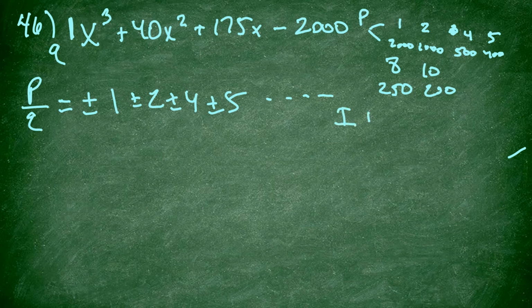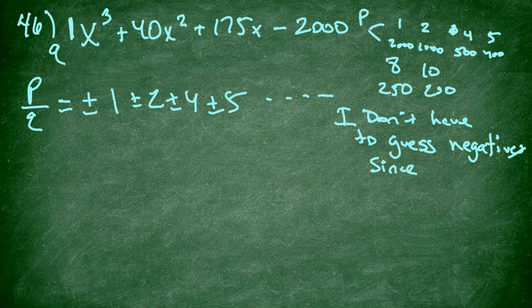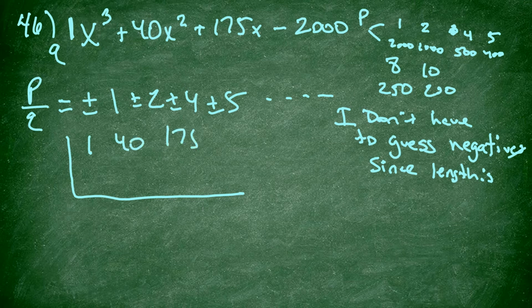I do not have to check negatives, since length cannot be negative. So I'm going to make my box. I'm going to put 1, 40, 175, negative 2,000.